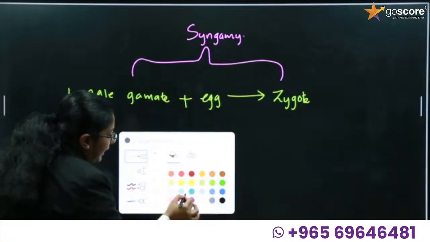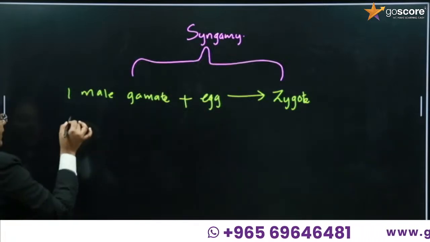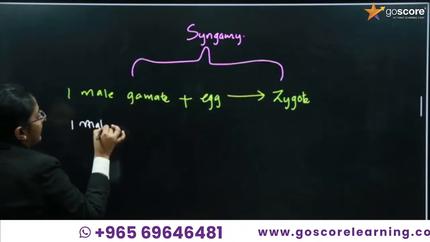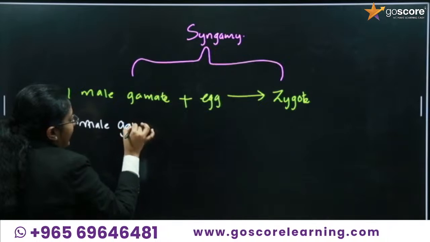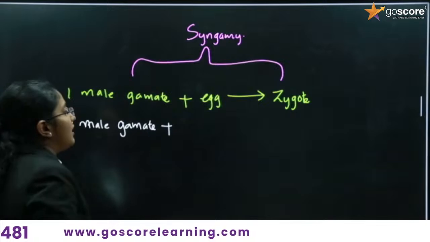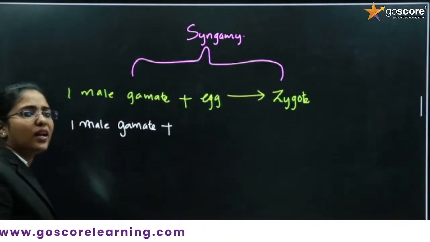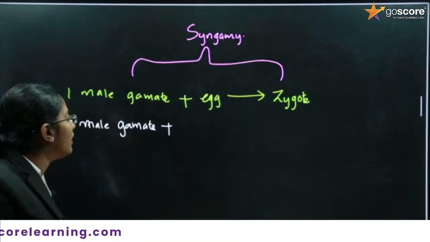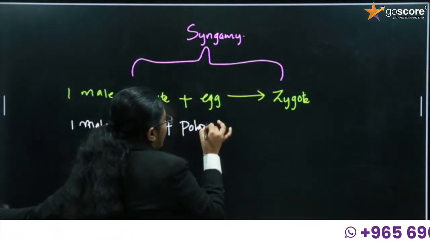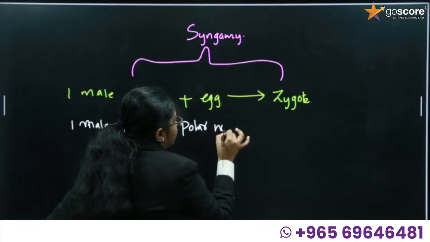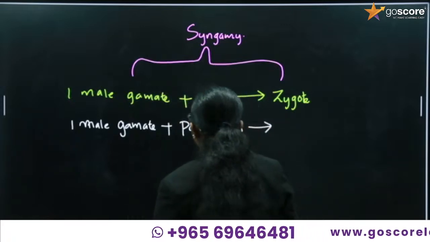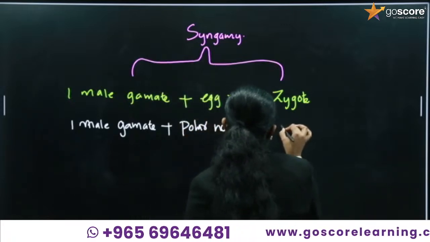Now, one more male gamete is present, right? Another male gamete will be entering into the central cell, the polar nuclei. It will be fused with polar nuclei. When it fuses with polar nuclei, it forms a structure called PEN.